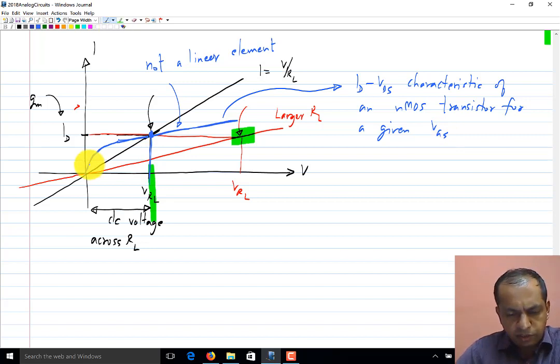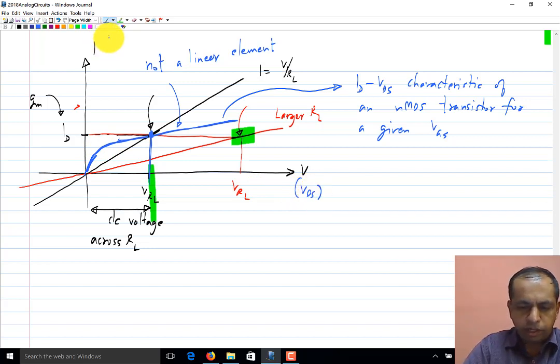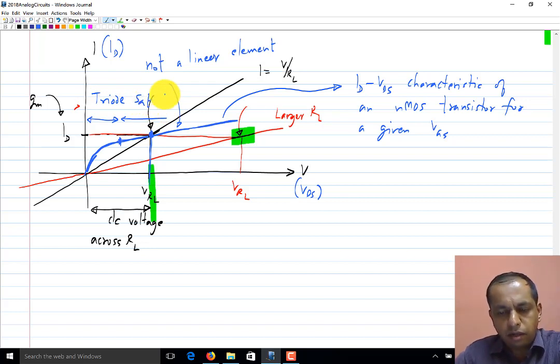For a certain VGS, initially for small values of VDS, this will be VDS now, and this will be ID. It is in triode region up to this point, and after that it will be in saturation region. Now the slope in saturation region depends on the value of lambda, as you know.